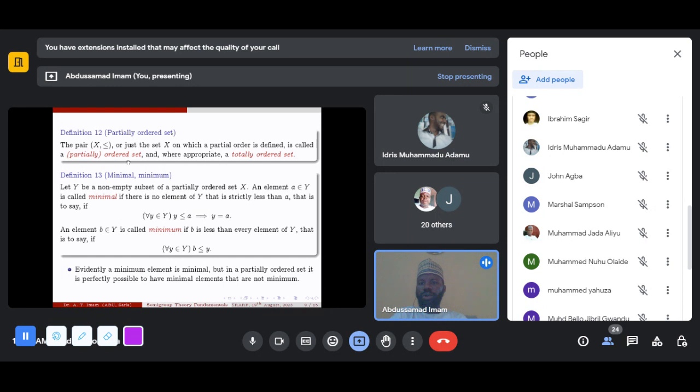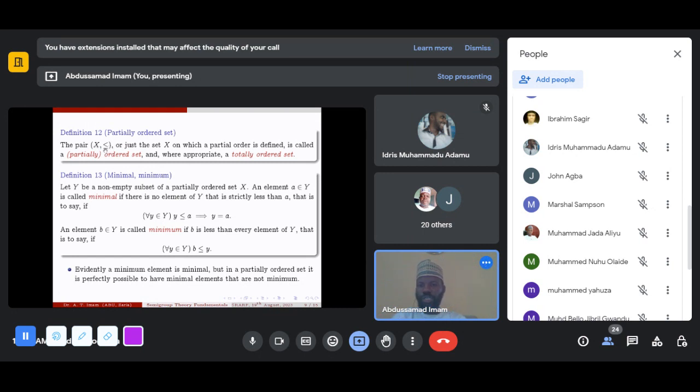So a partially ordered set is now a set X together with a partial order, just like giving the set a structure of the partial order. So this is a structure now. You remember how we define structure? We take a set and then we define something on the set and say the pair is called so. Like we say we have a collection of subsets satisfying some property, we say the pair is a topology.